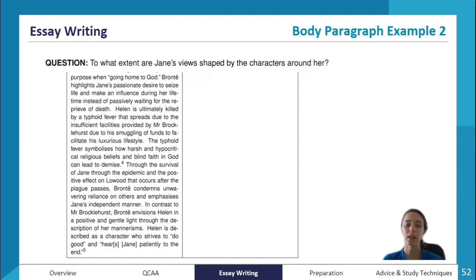And we can see how we finish off again. Helen is described as a character who strives to do good and hears Jane patiently to the end. So all of these words that you can identify throughout, condemns and all that kind of idea, they are your analytical verbs that you want to be using.